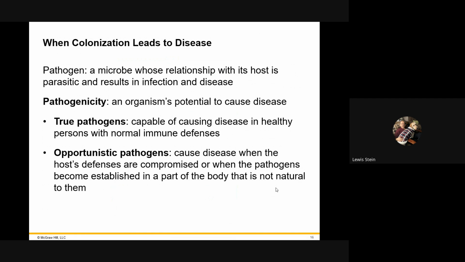A parasite is any microorganism that flourishes in you while hurting you. It grows and flourishes while you get worse. That's a true pathogen. And really, true pathogens are able to cause disease even in people with normal immune defenses.